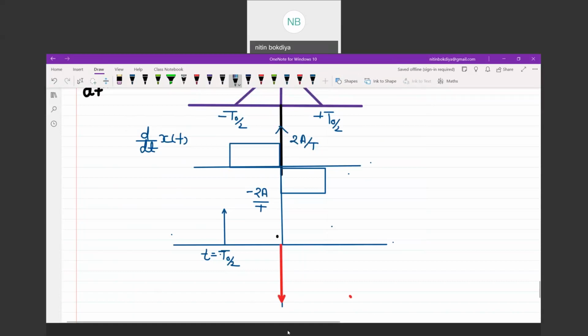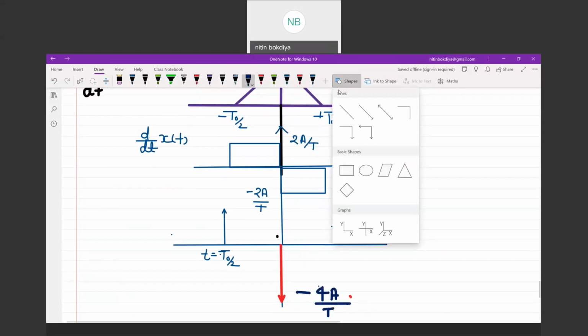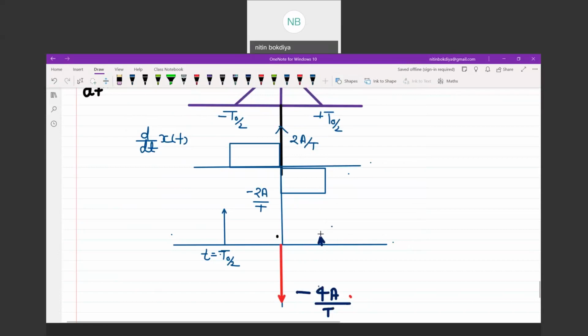You can say the height of this impulse is minus 4a by t, and you will get one impulse at t by 2. And this is what? This is double differentiation, d2 divided by dt2, double differentiation of x of t.